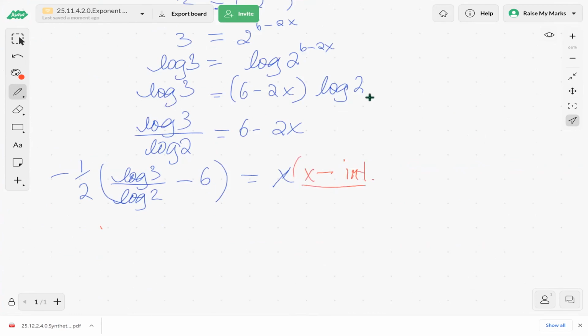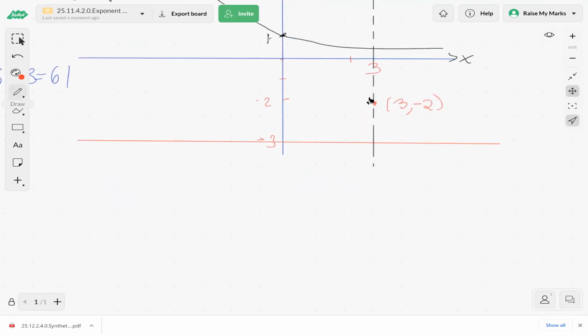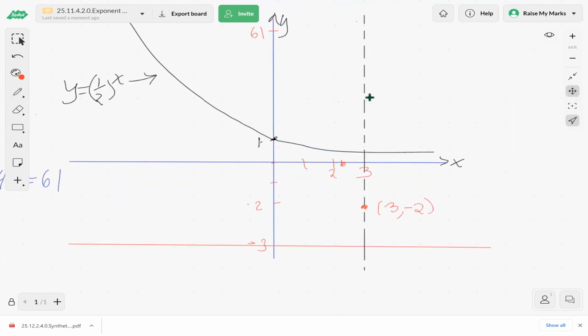That is a value, I think, between 2 and 3, so somewhere here. Now let's see if we can join these dots as smoothly as possible.